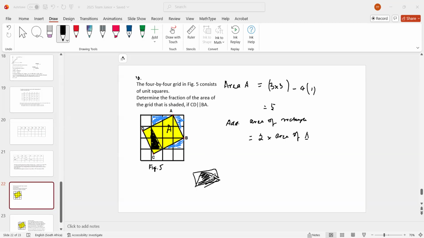Because the area of the rectangle is length times breadth, and the area of the triangle is half length times breadth, half base times height. So your base is your length times the height, which is the same as the breadth. So the triangle, it's easy to see the area of the triangle because it's a 2 by 1 triangle. So the area there is 1.